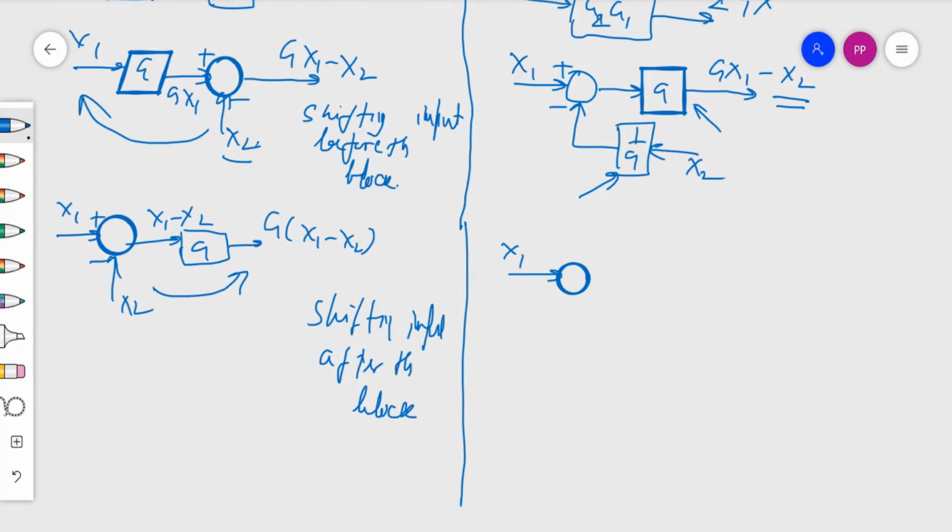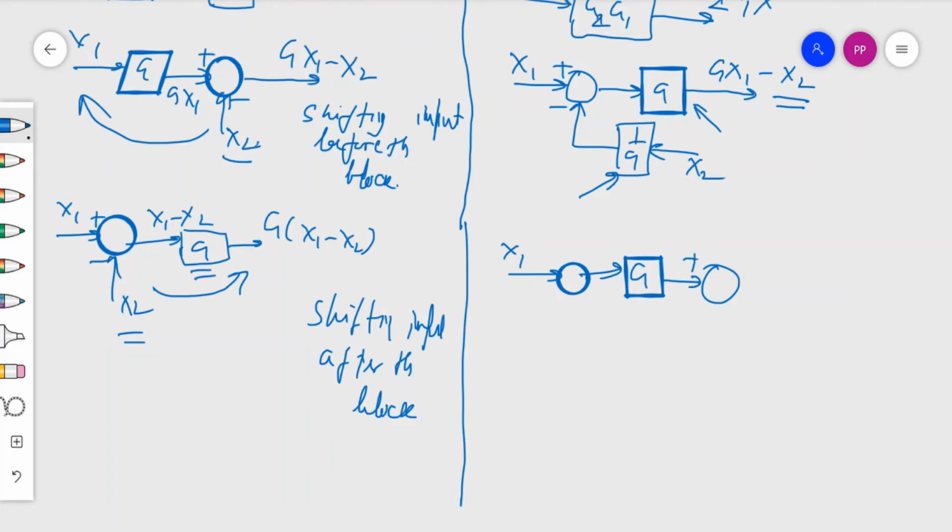So after block G, if you shift the input, this summing point will have only one input, that is x1, then G, then we have another summing point here. This should be plus, because here x2 is forwarded, so the effect of x2 will be lost because the gain G is not multiplied.